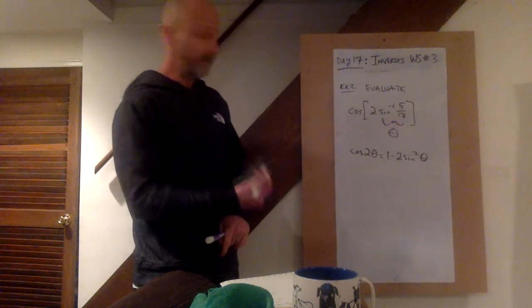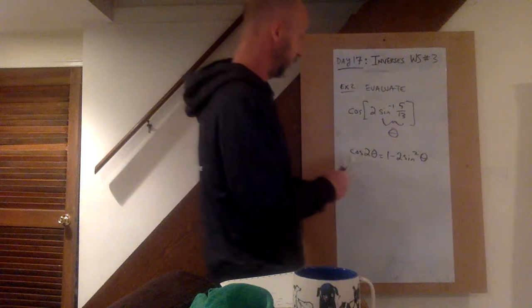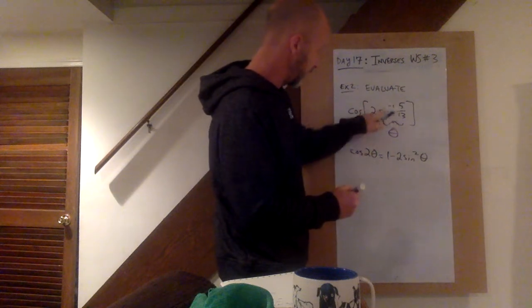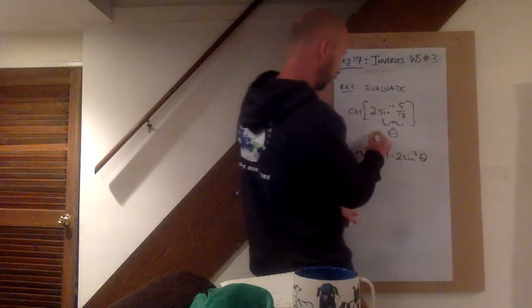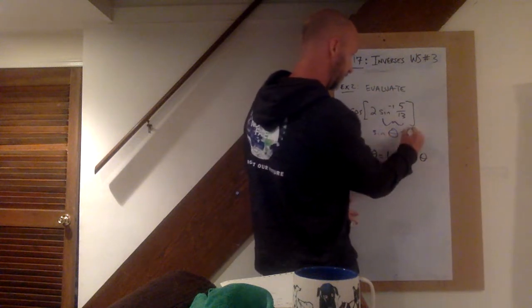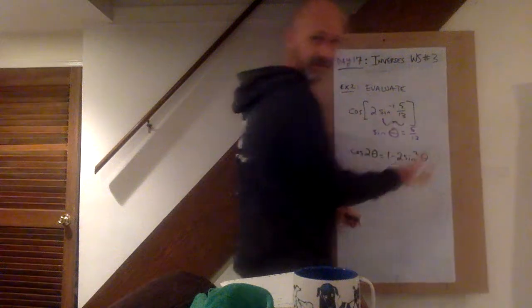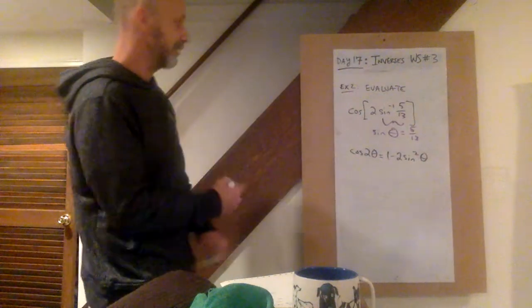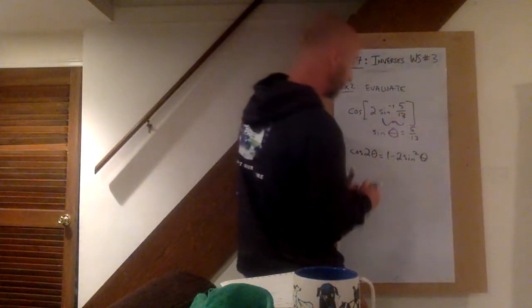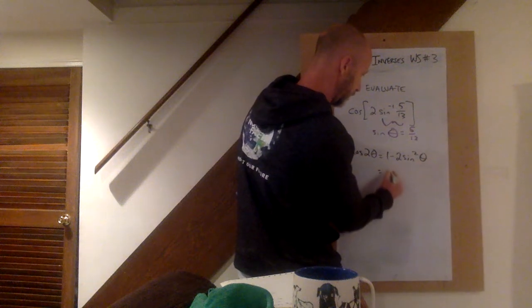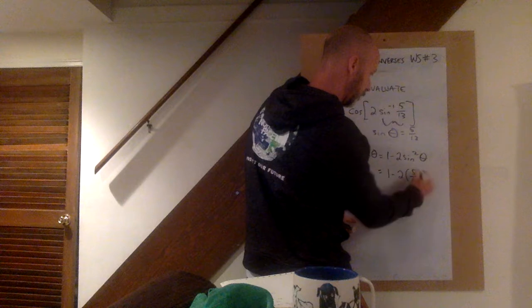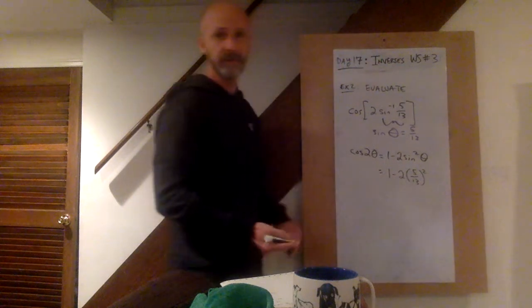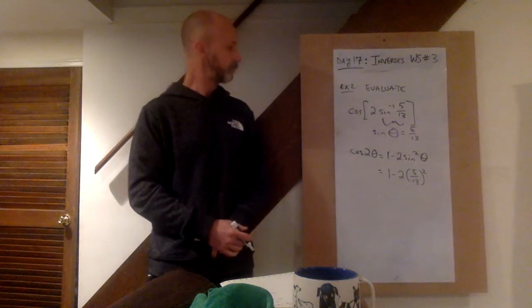And what we're actually being explicitly told is if sine inverse of 5/13 is theta, we're being told that sine of theta is 5/13. That's synonymous. So I plug in 5/13, and this becomes the exact same problem that I worked out in example 1, just in disguise. 1 minus 2 times 5/13 squared.